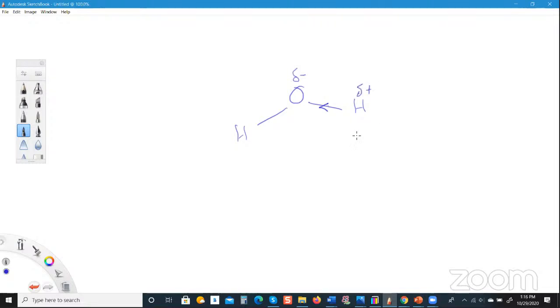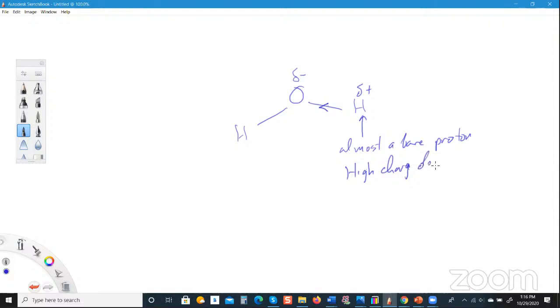Now, the key thing you need to remember is this. This hydrogen has only one electron that is being pulled away from it by this oxygen. So this hydrogen is almost a bare proton, right? It has a high charge density.